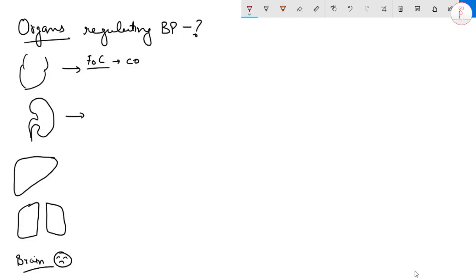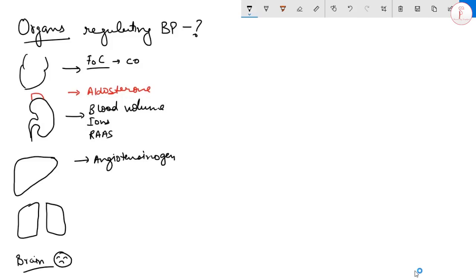Kidneys also have the adrenal gland on their surface. The adrenal gland releases aldosterone, and the kidneys regulate blood volume, regulate ion balances, and also activate the RAS mechanism. Liver produces angiotensinogen, lungs produce angiotensin converting enzyme ACE, and the brain releases noradrenaline.